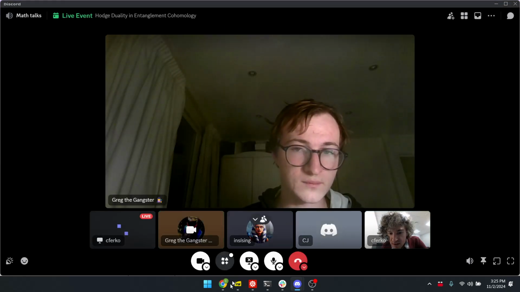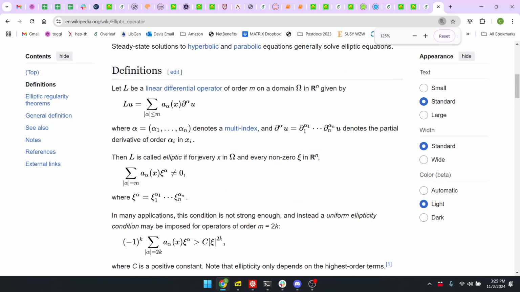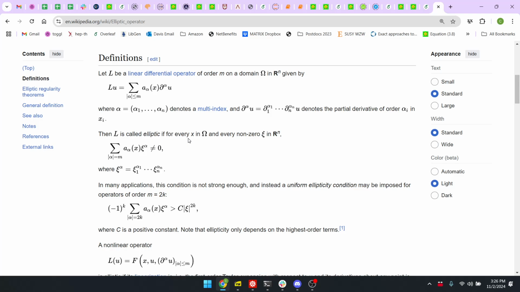If we were doing manifolds, you would say you have a differential operator on a manifold, which is a sum of derivatives. In our case, this would be a sum of tensors with the identity, right? Because a derivative is a tensor with identity for us. And then the definition is elliptic if and only if for every non-zero vector field C, the sum of the coefficients of those derivatives contracted against the X's is non-zero.